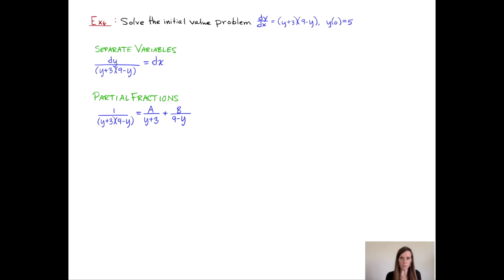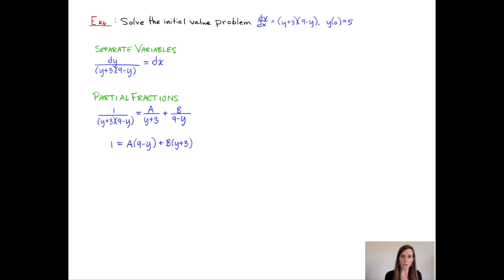And then cross multiplying, we get 1 is equal to, the y plus 3's cancel out in the first term, and so then it's A times 9 minus y plus B times y plus 3. To solve for A and B, I think it's easiest, if you can, to just use nice values of y.